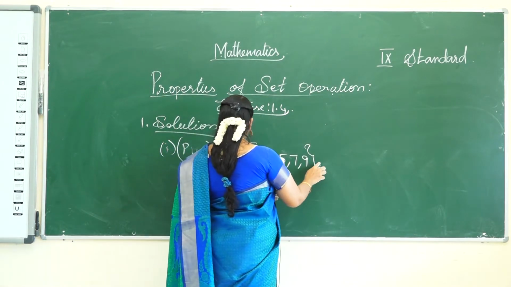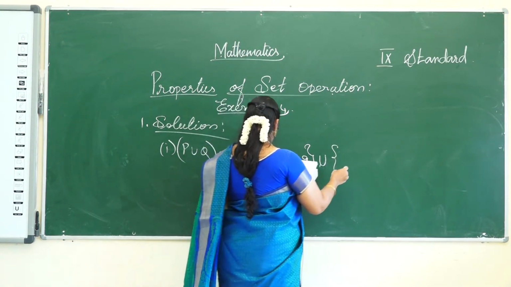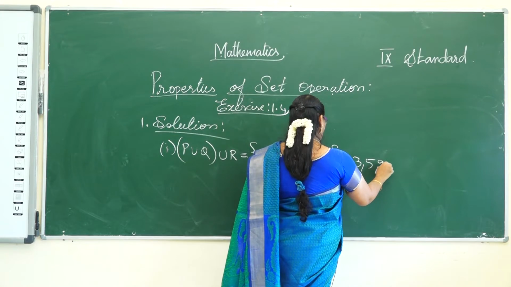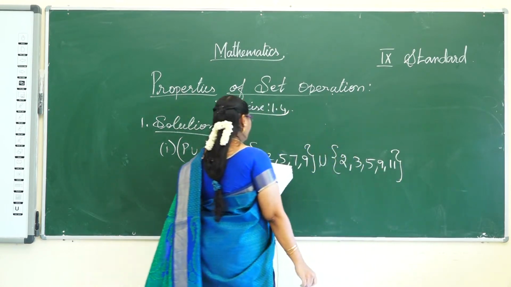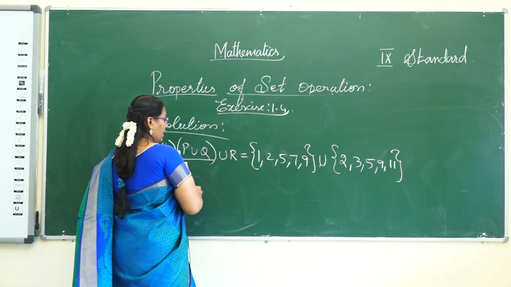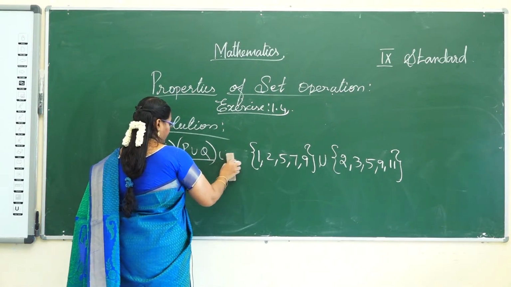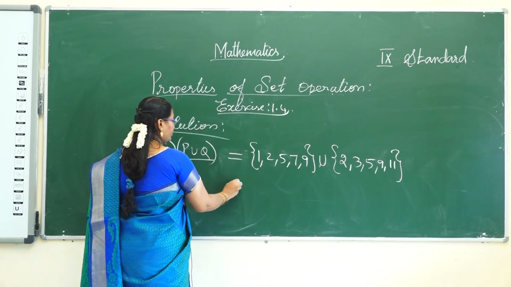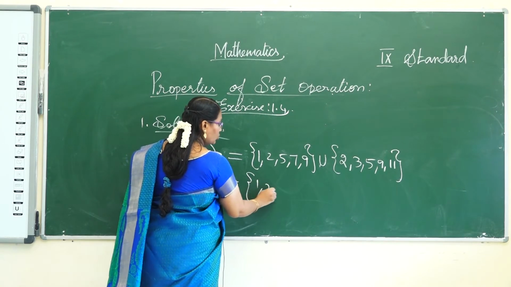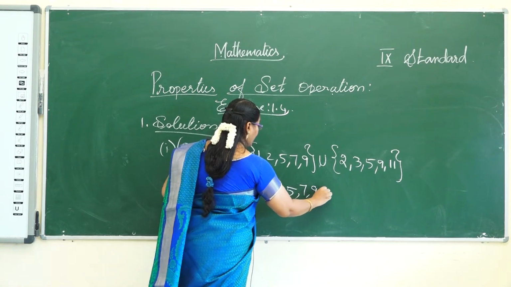Okay, and Q is 2, 3, 5, 9, 11. First find P union Q. Join all the elements: 1, 2, 3, 5, 7, 9, 11.